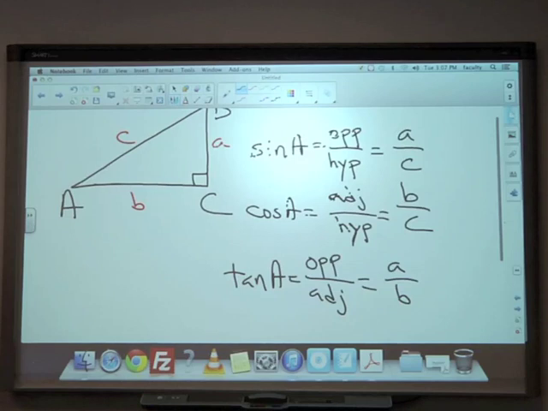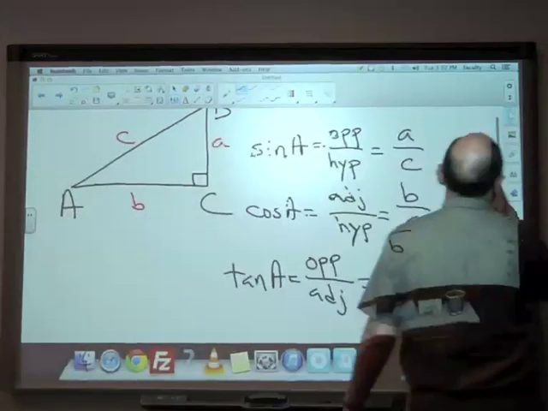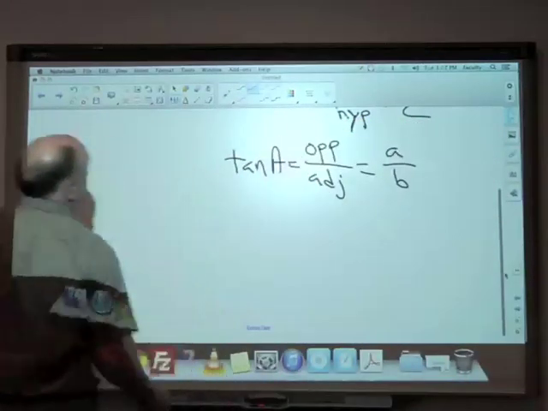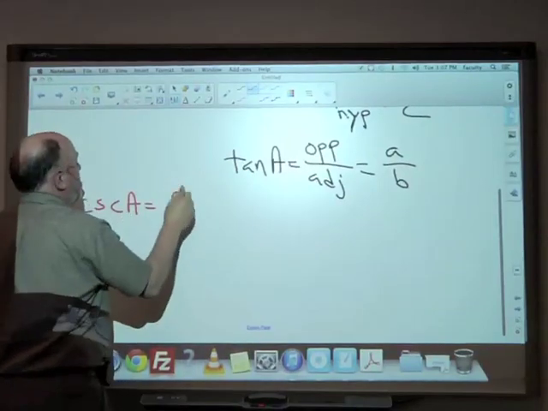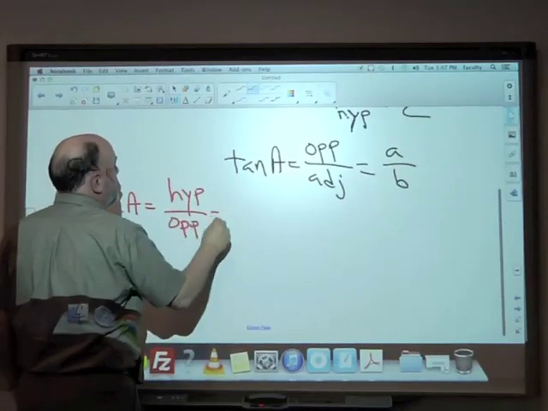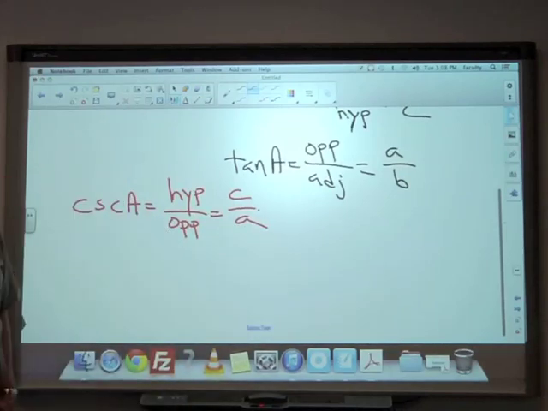Now, however, along with these three, there actually is another set of three, and those three are just the reciprocals of the first three. So you also have the cosecant of A, which will be hypotenuse over opposite, which is going to be C over A. So sine and cosecant are reciprocals of each other.